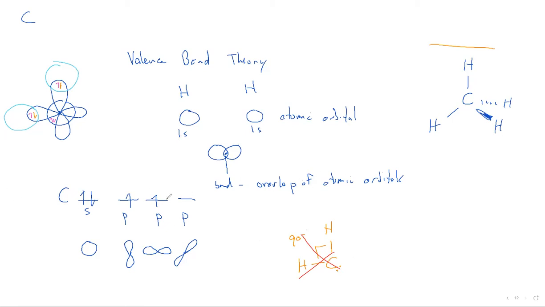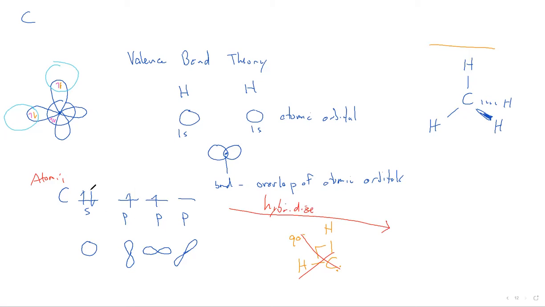So we can say that when the atomic orbitals of carbon start to form bonds, they're going to change. This is the atomic orbitals, but when it forms a bond, it's going to change. When these hydrogens come close and form bonds, the orbitals are going to be hybridized. So we're going to hybridize them.